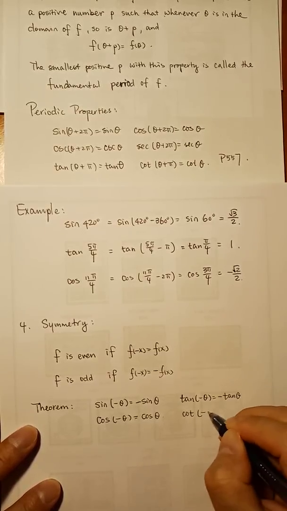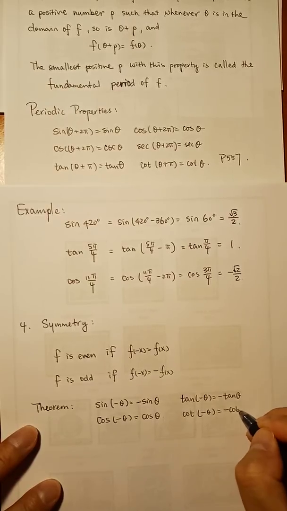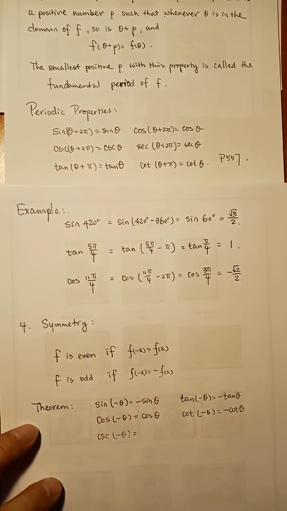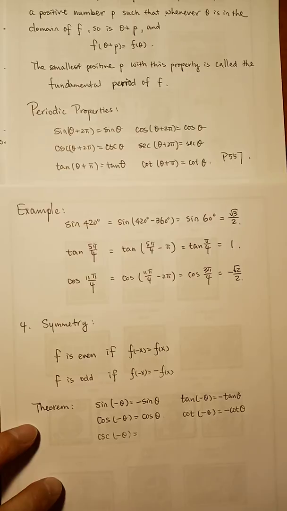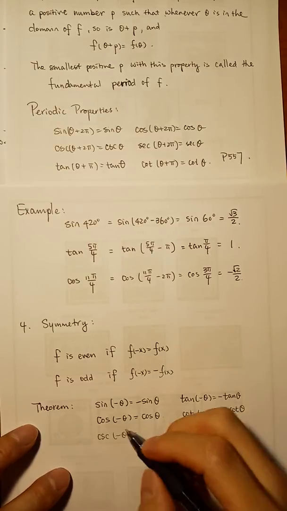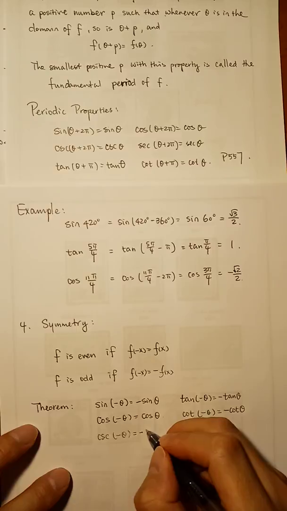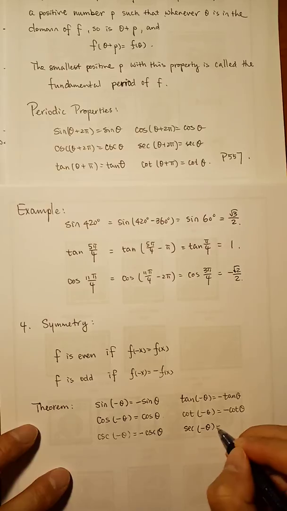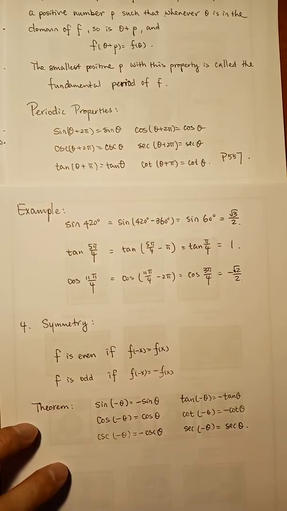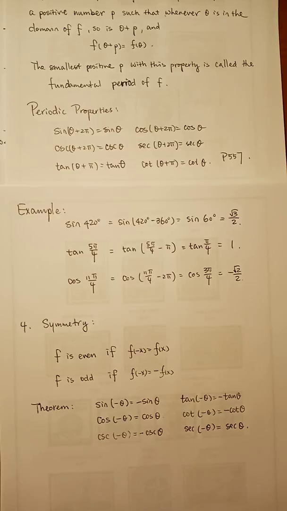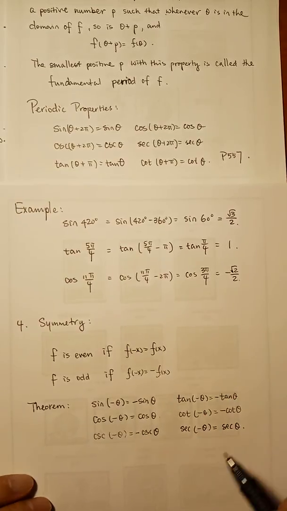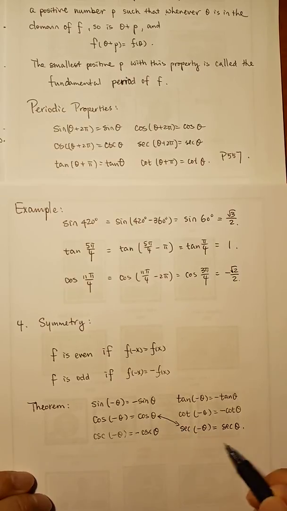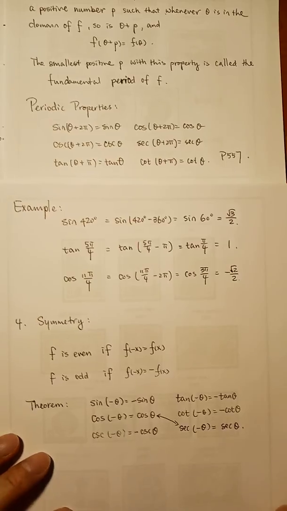Cotangent is an odd function. Cosecant is an odd function. Secant is an even function. So that's the even-odd properties. You just memorize: among those 6 trigonometric functions, only cosine and secant are even. All the other 4 trig functions are odd.